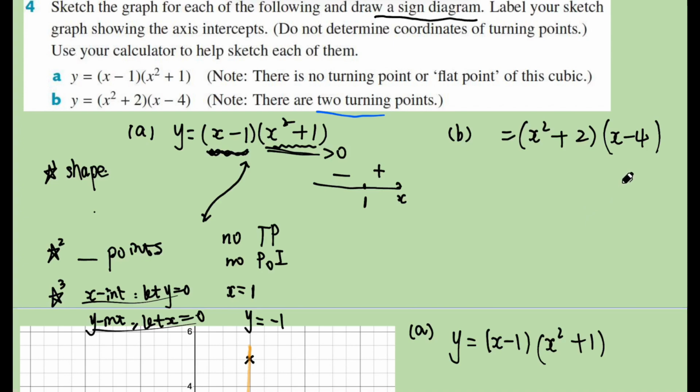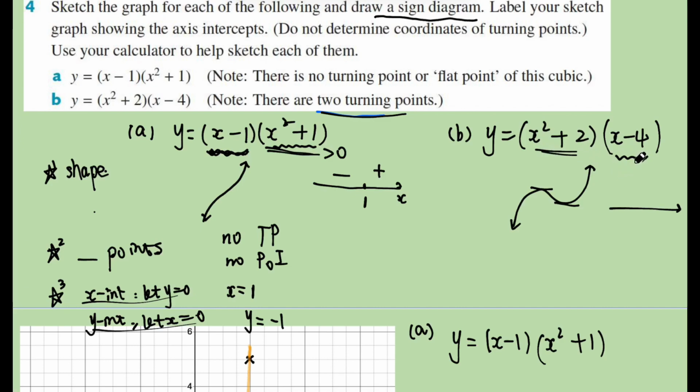For part B, it has the linear factor, which is x minus 4, and the question tells us there are 2 turning points. It means the basic graph will be climbing up double hills, and 2 turning points are here. And then we can determine the sign diagram first, because the quadratic factor is always positive here.